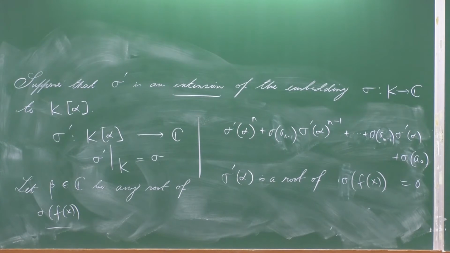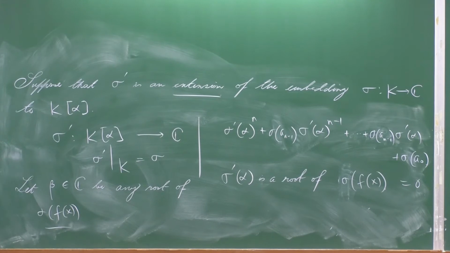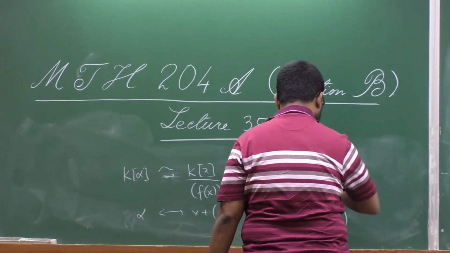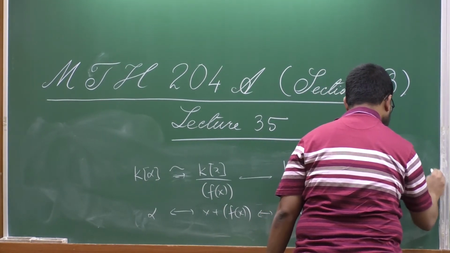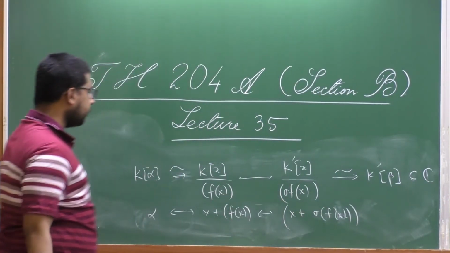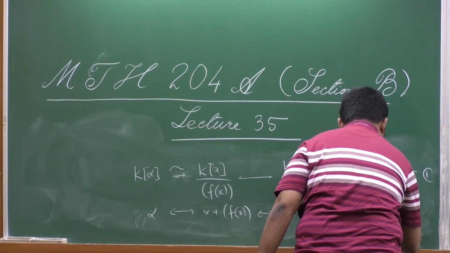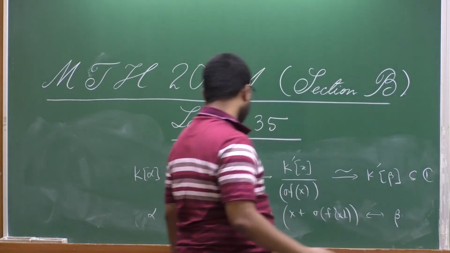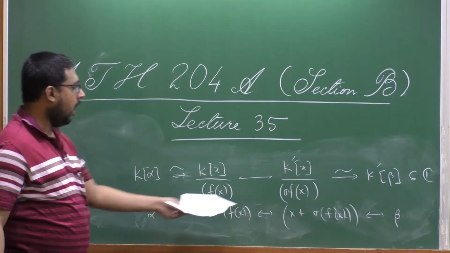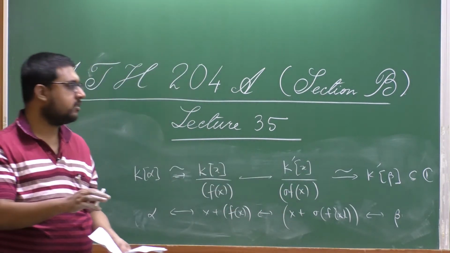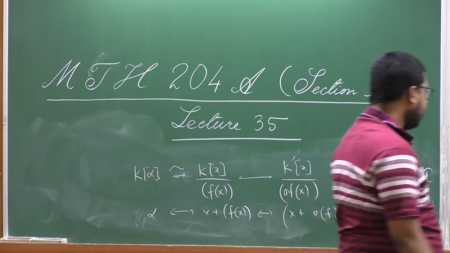Let this be a root of sigma of f(x), and certainly we also have another isomorphism between this and k'(beta), which is of course inside C, and this isomorphism sends x to beta. Okay. Now we just compose all these isomorphisms, and that gives us an extension of sigma on k(alpha), right.